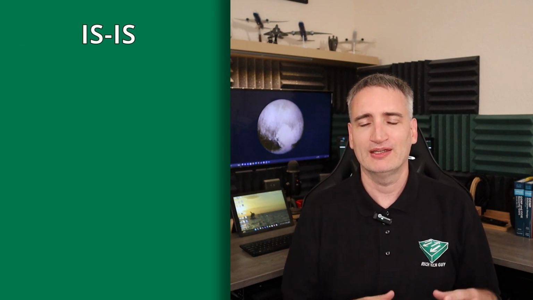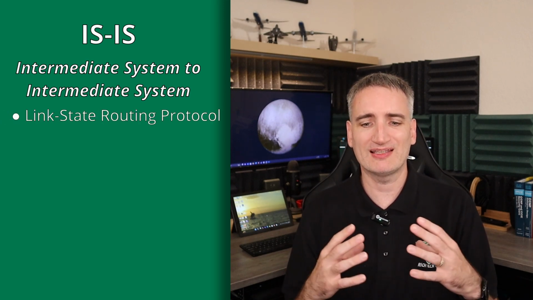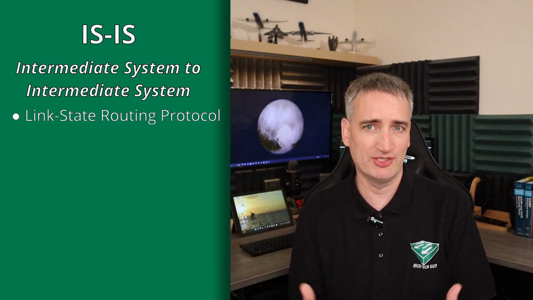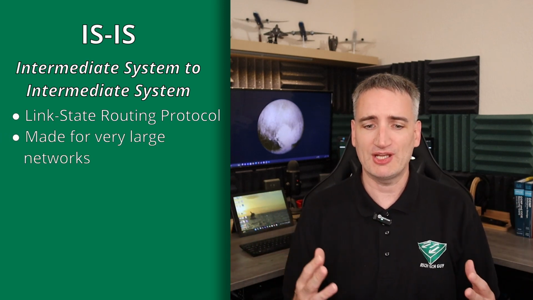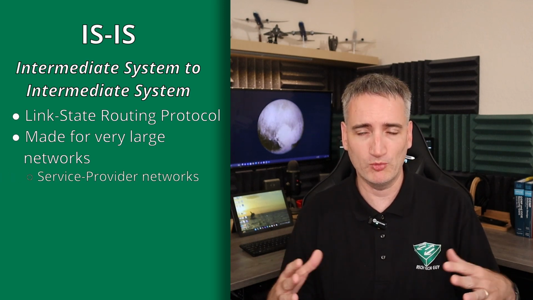The next routing protocol I'm going to go over is ISIS. Now, ISIS stands for Intermediate System to Intermediate System. This is also a link state routing protocol, but it is designed for large-scale networks, such as the networks that an internet service provider might run within their own network.